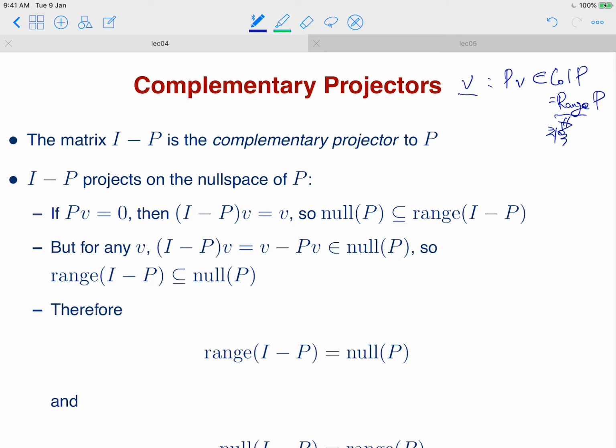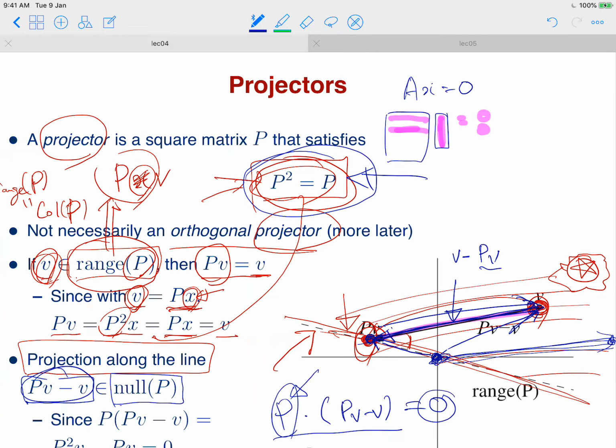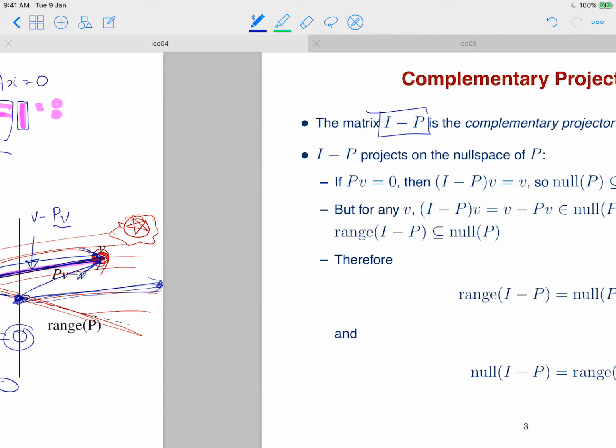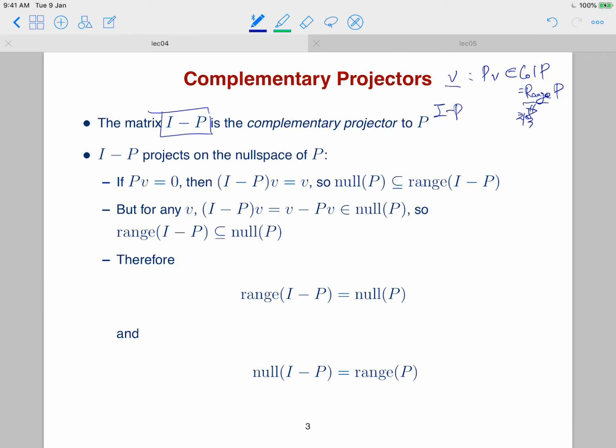and then also, last time we considered another matrix, I minus P. P is a projector that satisfies this idempotence, and then I minus P is also idempotent, or that is also another projector. Okay, and we can easily verify that.